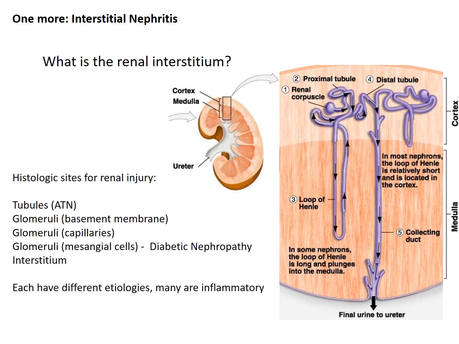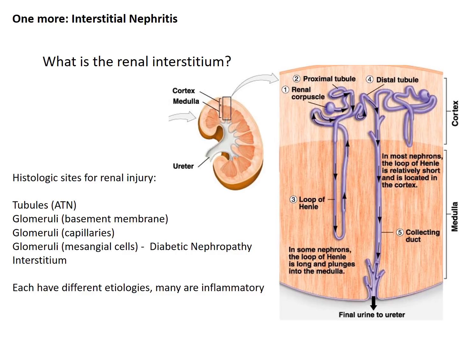One more form of nephritis, or inflammation of the kidney, that you can see is something called interstitial nephritis. Now the inflammatory response is not directly in the glomeruli, but it is in the interstitial space between the nephrons, interstitial nephritis.